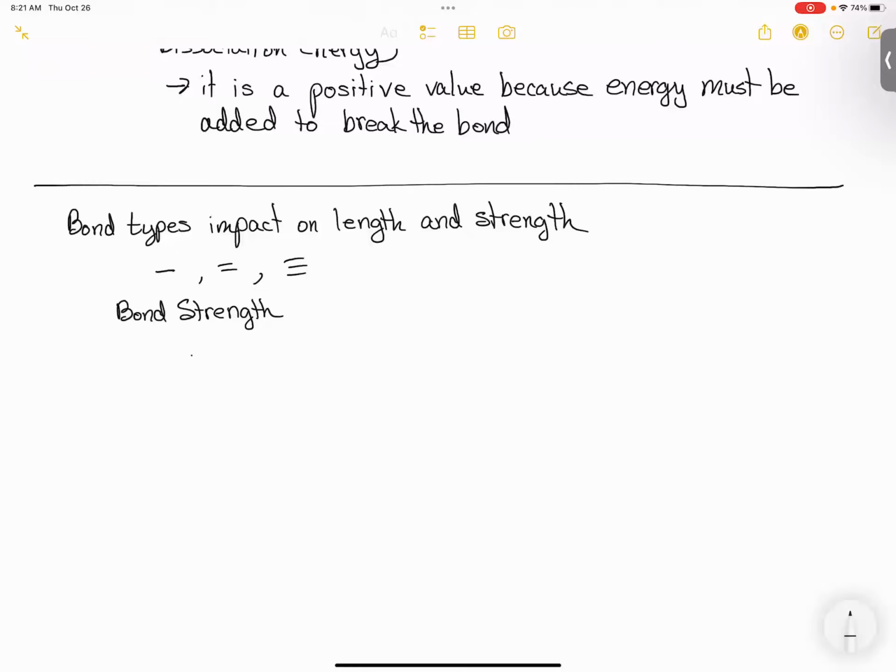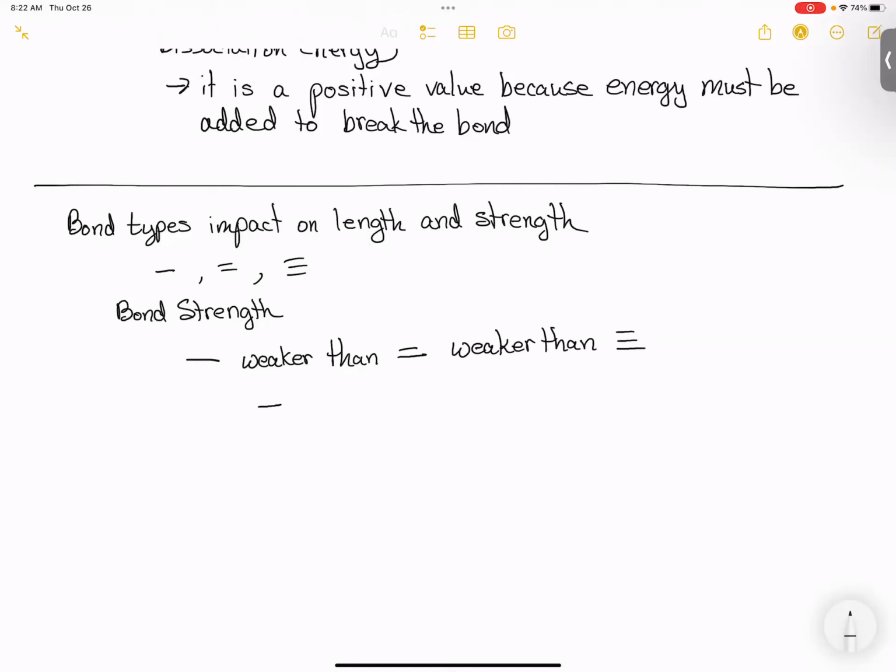So for bond strength, the single bond is weaker than a double bond, and a double bond is weaker than a triple bond.